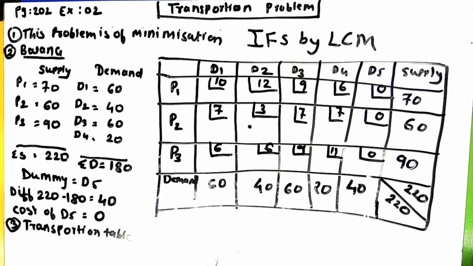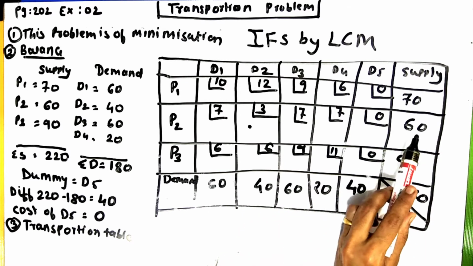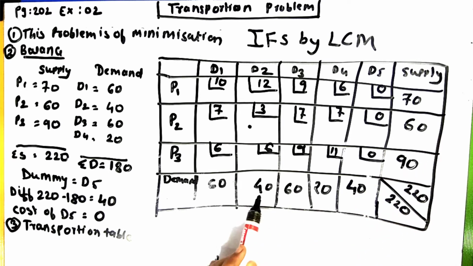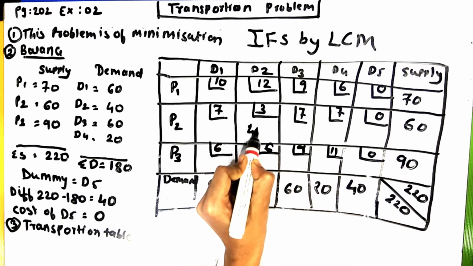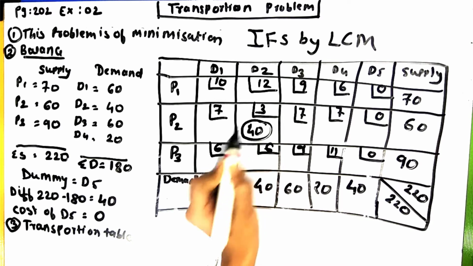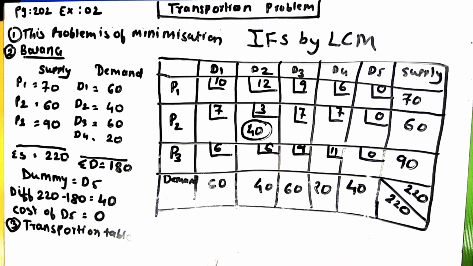Allocation rule is the same: from the demand side and supply side, whichever is lesser. In the demand side we have 40 units and in the supply side we have 60. The lesser one is 40, so I give my allocation 40.